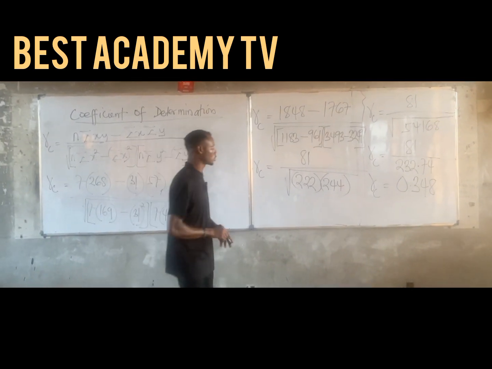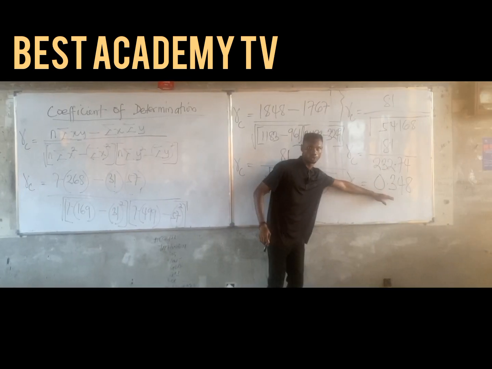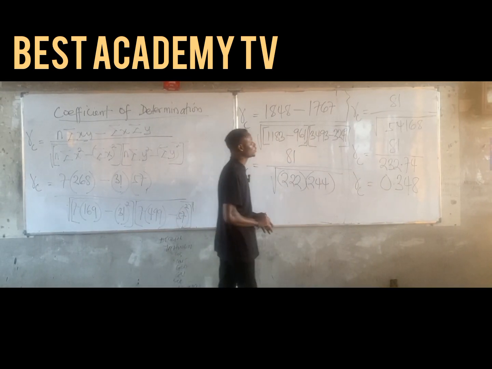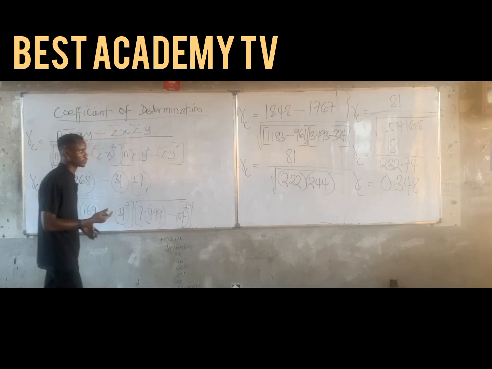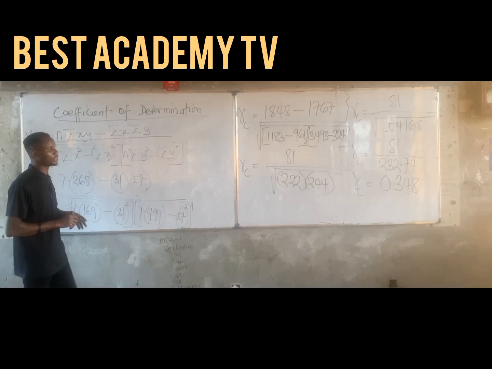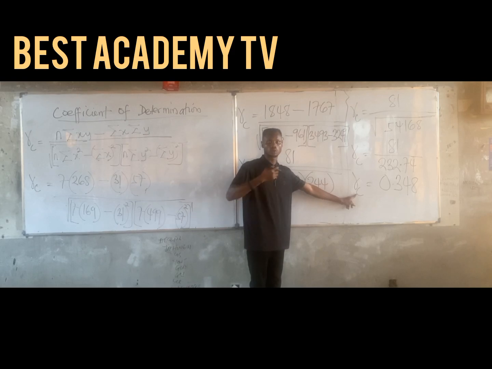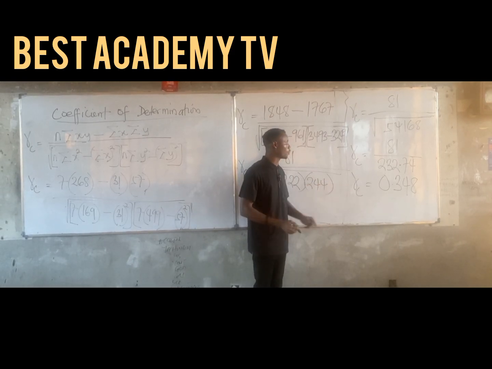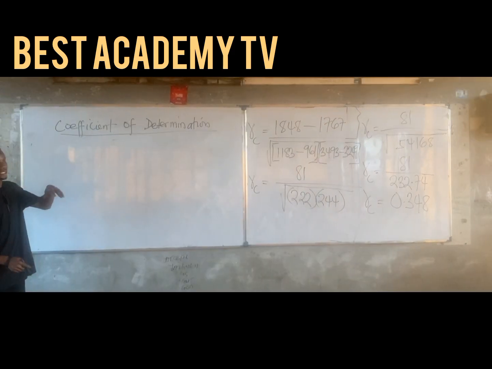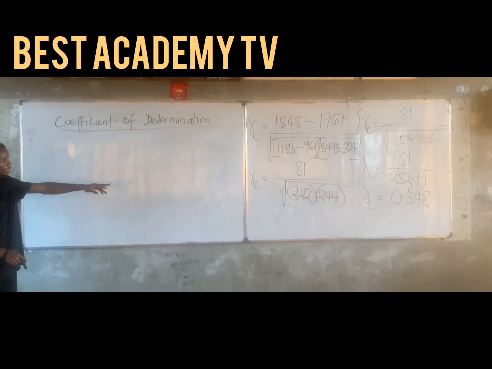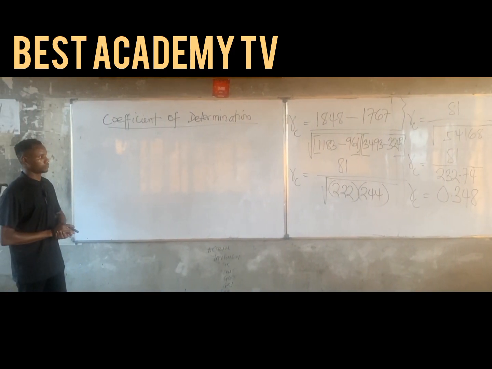Now after that, how do we get the coefficient of determination? We say that the coefficient of determination is the square of the coefficient of correlation multiplied by 100.